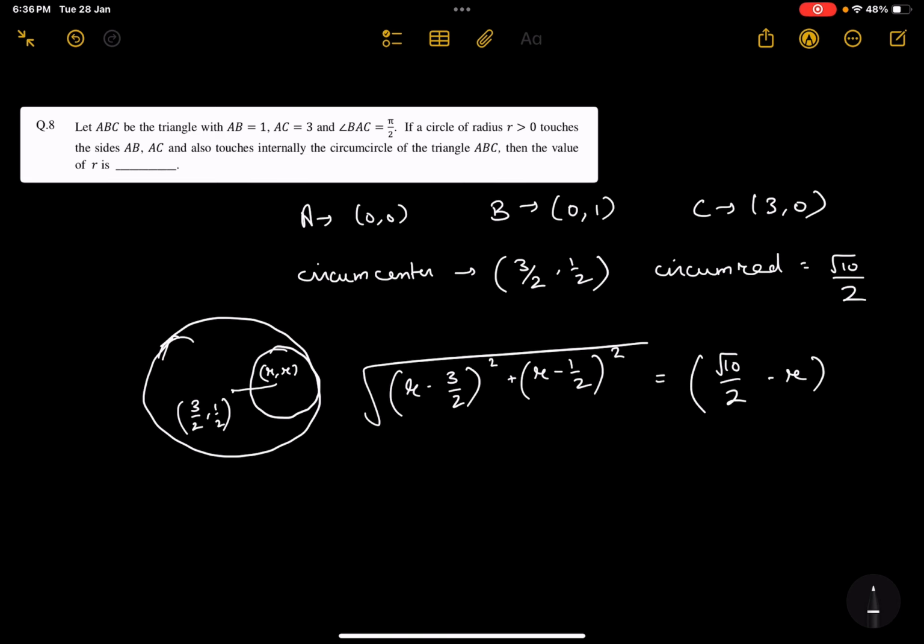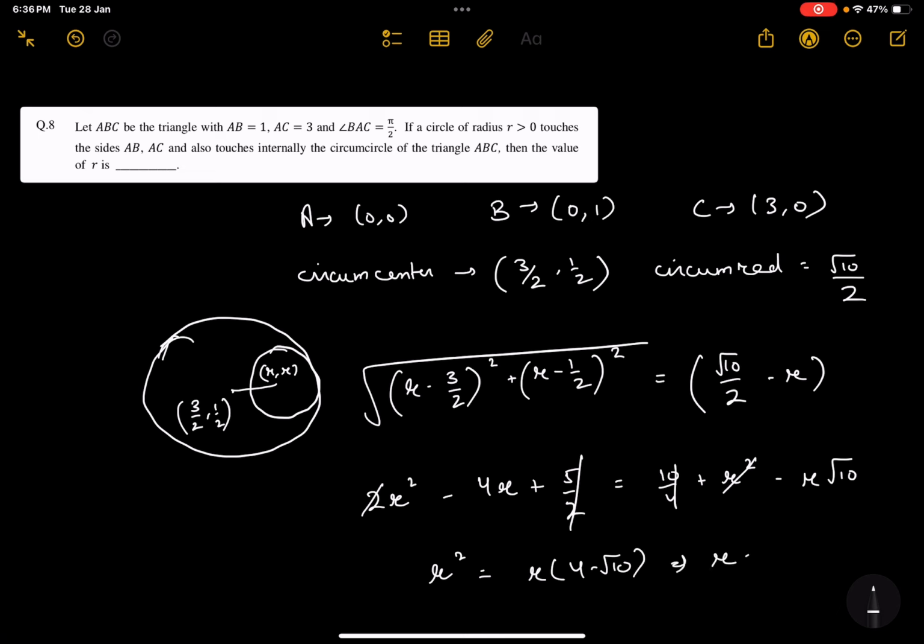Squaring both the sides, we'll get an equation, so this gets cancelled out. We are left with r square equals r into 4 minus root 10, which gives us r equals 4 minus root 10. Another straightforward and routine question.